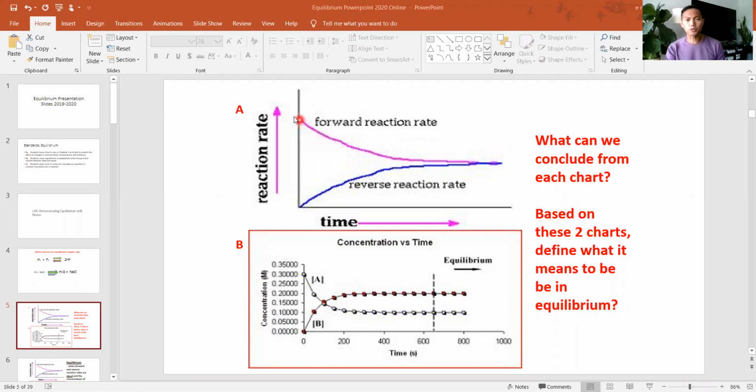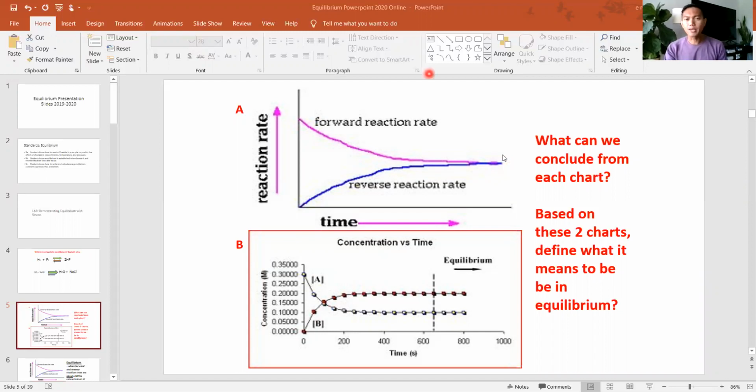You'll notice that the slope is pretty significant, and then it slows down to the point where it's pretty flat. So the forward reaction is pretty fast in the beginning and slows down towards the end. The reverse reaction is the same. The reverse reaction takes the products and recreates the reactants. It seems to be pretty fast in the beginning, but then it starts to slow down at the end.